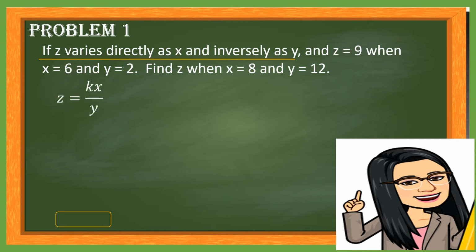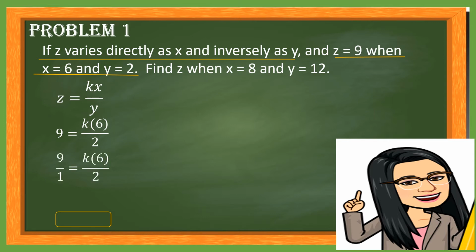So Z is equal to KX over Y. Then, using Z is equal to 9 when X is equal to 6 and Y is equal to 2, let us substitute this to find the constant of variation. So we will get 9 is equal to K times 6 over 2.